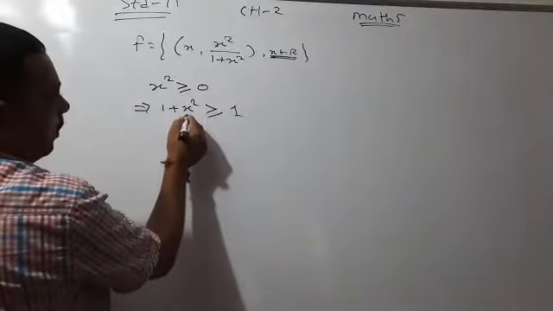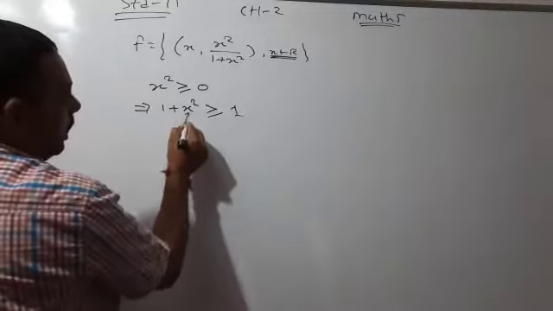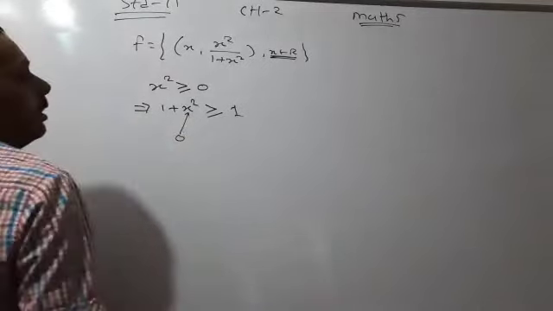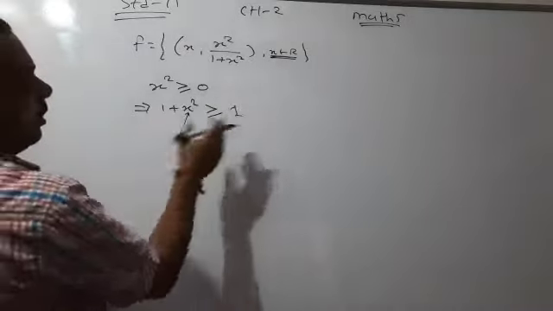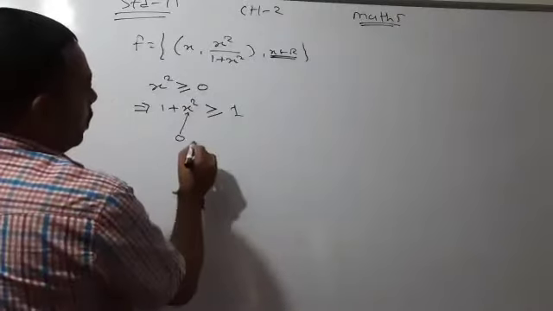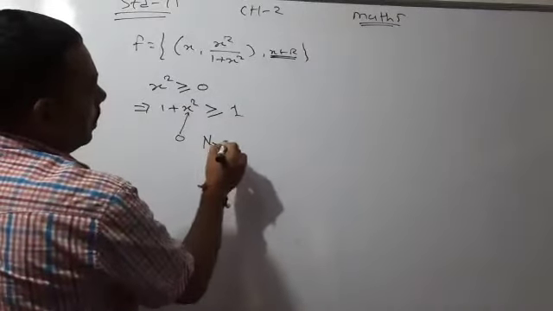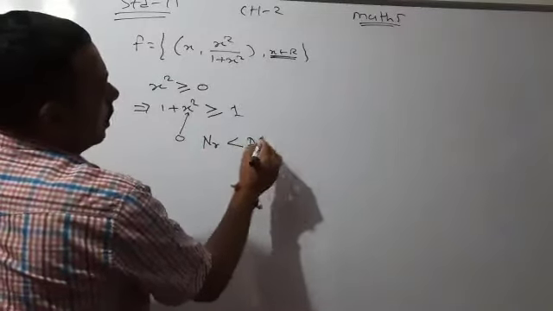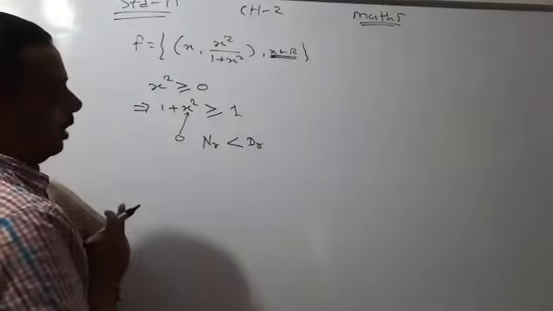Because if I put any negative number, it becomes positive. And in the worst situation, if I put 0, then the answer gives 1. So the answer is greater than or equal to 1. Hence, it is clearly seen that the numerator is always smaller than the denominator, even not equal to the denominator, right?